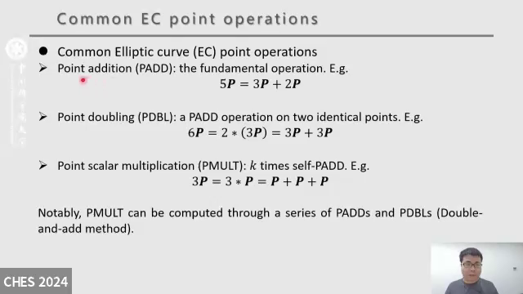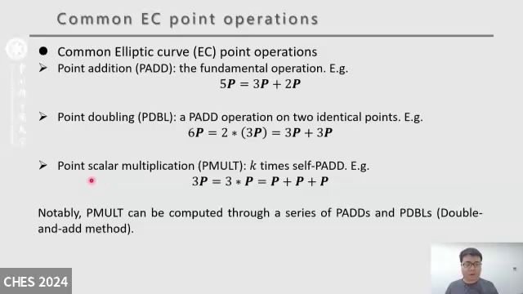Okay, let's move to some common elliptic curve point operations. The first one is point addition, also known as PADD. This is a fundamental operation. And the second one is point doubling, also known as PDBL. This can be regarded as a PADD operation on two identical points.